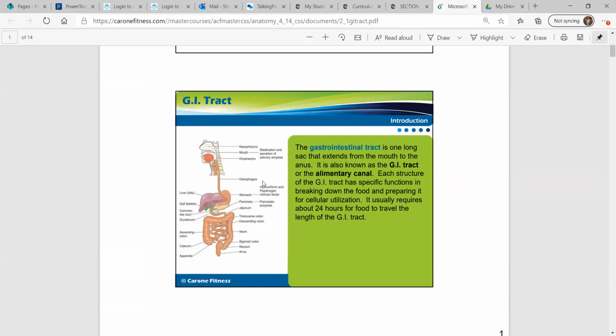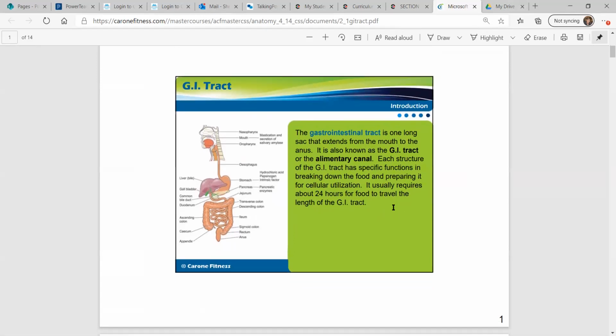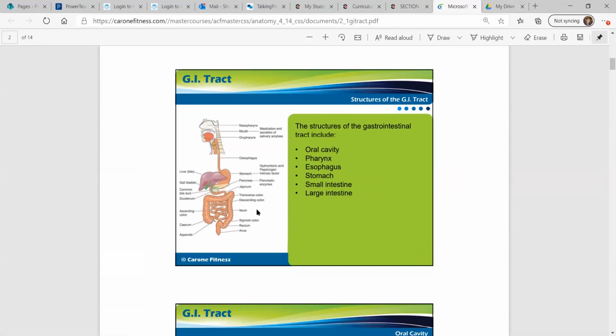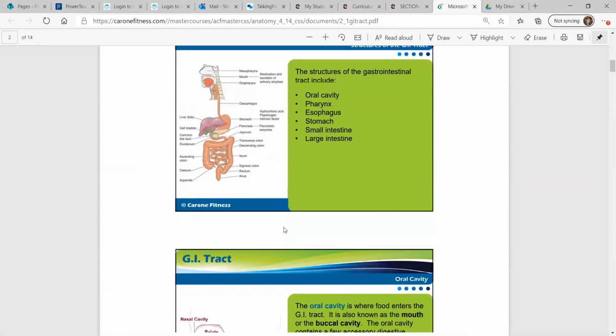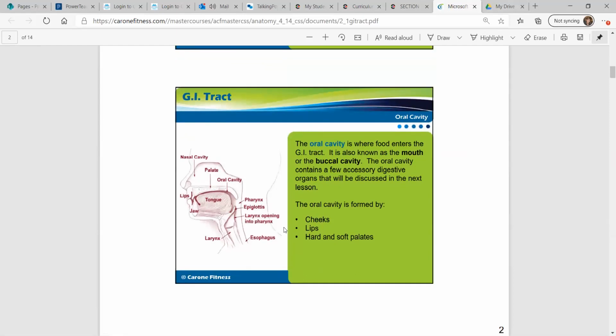It's all one long trip. And it requires about 24 hours for food to travel this whole GI tract. Here are the structures, like we said before. Now we're going to look at the structures individually.